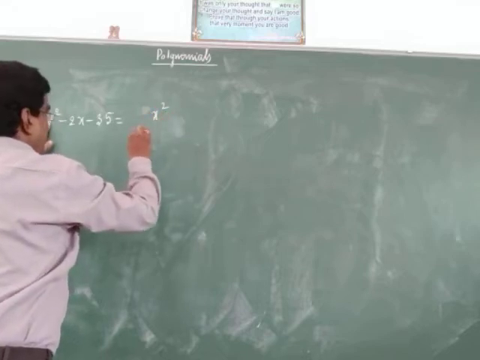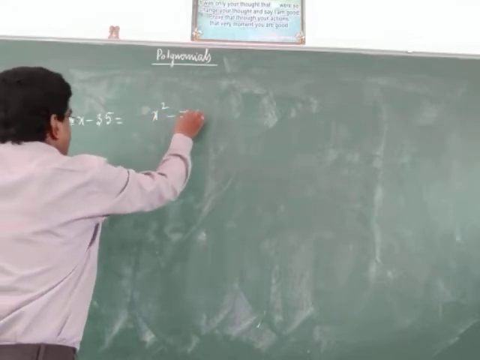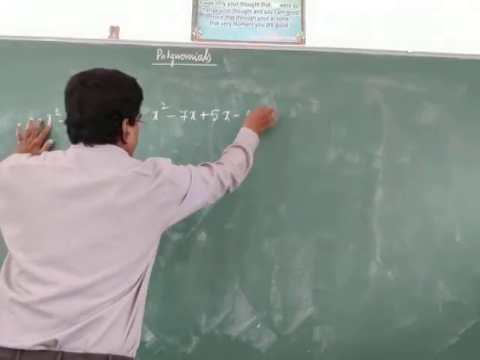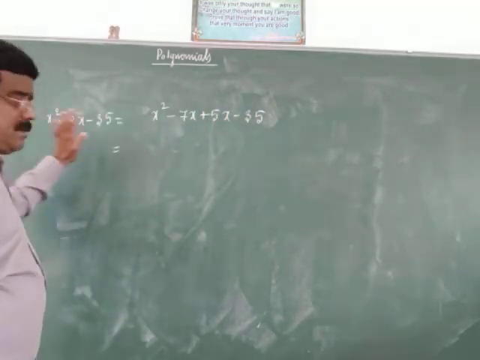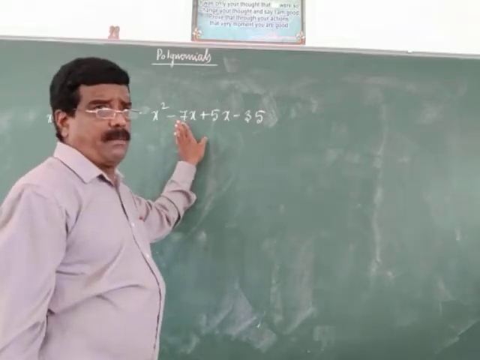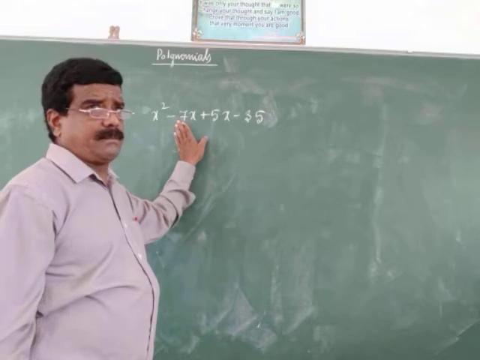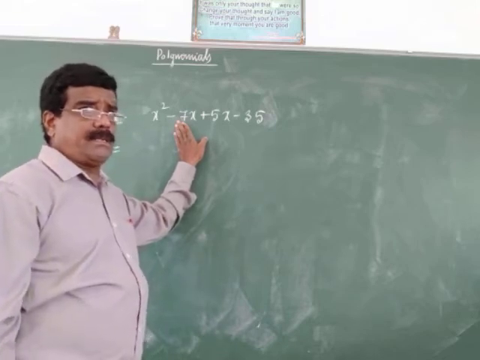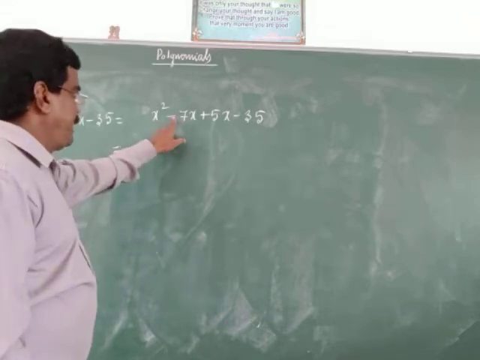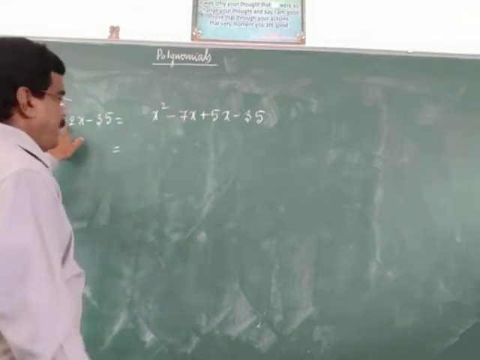That is x square minus 7x plus 5x minus 35. This is called splitting the middle term and getting the factors. So what we did here is split the middle term. So minus 7 plus 5 means minus 2 we will be getting.